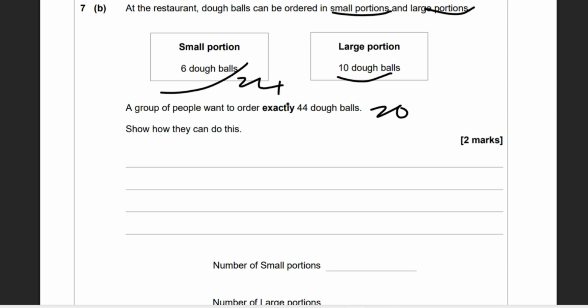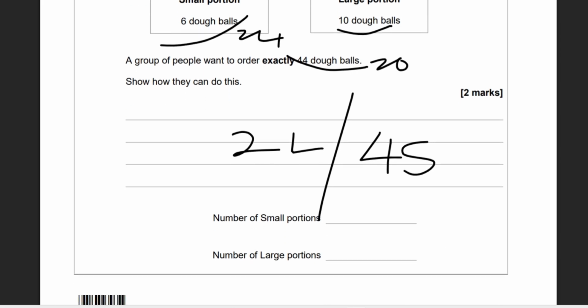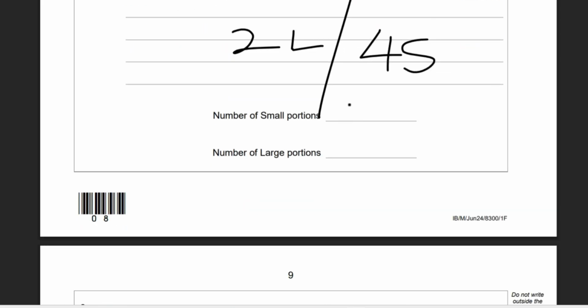When you add it together, that gives you 44. So you can have 2 large and 4 small.